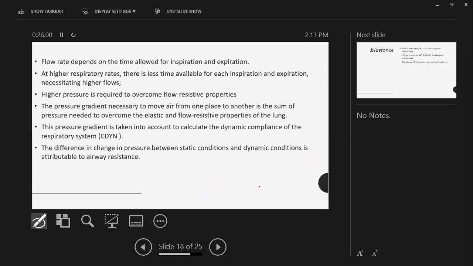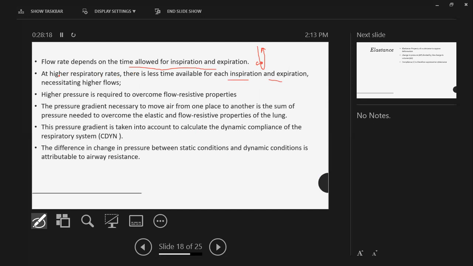The flow rate depends upon the time allowed for inspiration and expiration. Say if the patient is breathing very fast, less time is available for both inspiration and expiration, correct? So if the air has to go in and come out in a smaller amount of time, then the speed has to increase.